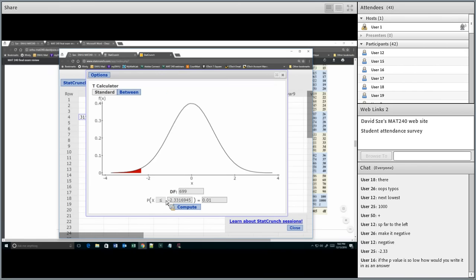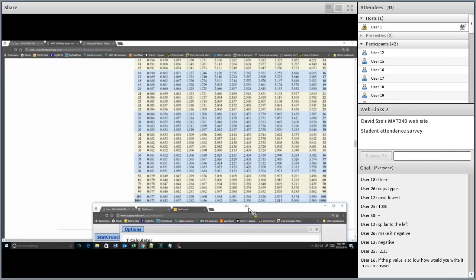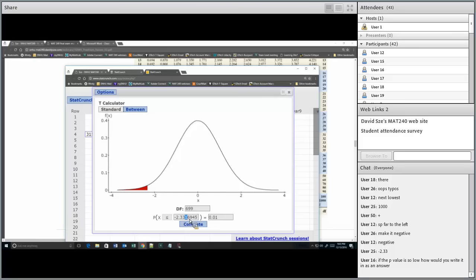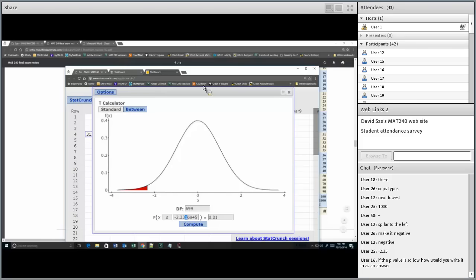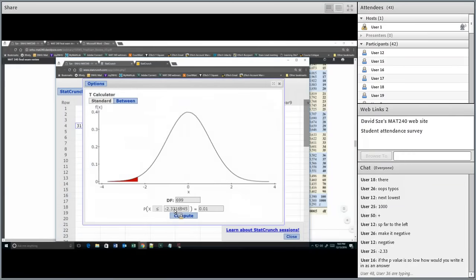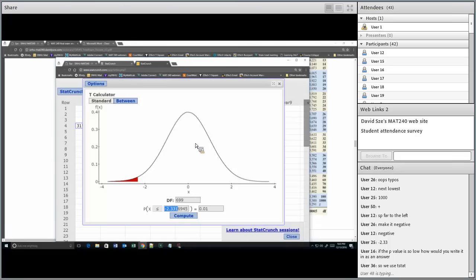It's a little different because we have negative 2.33331, and here we have negative 2.33. So the difference is only in this one here, right? But remember that you did an approximation here. We selected the value DF equals 1000 really. We did not select 699. We just said that it's close enough. So this I would say is a much better answer. Okay.